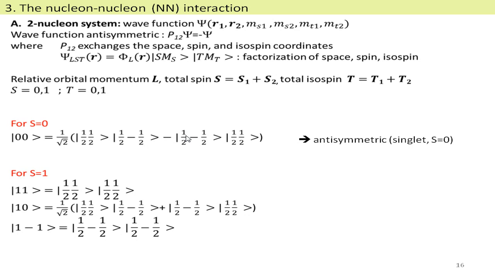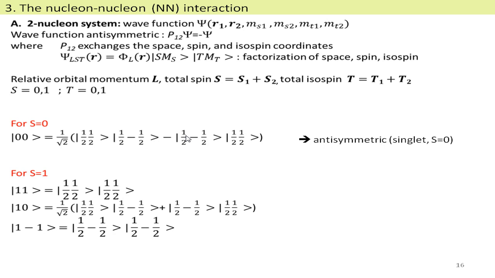Okay. And now, if you look at S equals 1, you have three possibilities for the projection, and the three wave functions are written here. For S equals 1 and minus 1 it is very simple. It's simply the product of two individual wave functions. For 1, 0, there are two contributions.